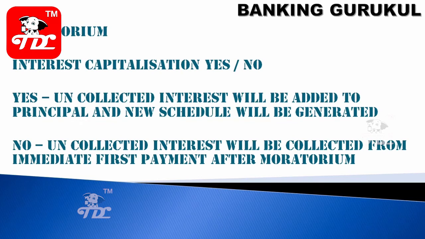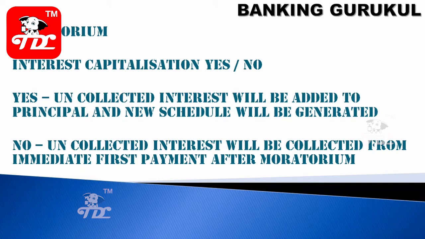And now it is a moratorium. Moratorium can be requested by the customer or moratorium can be given by the bank, depending on the situation. For interest during the moratorium, you have two options: whether you want to go for interest capitalization, yes or no. If it is yes, the uncollected interest will be added to the principal and a new schedule will be generated. During moratorium you have an old schedule for the 10 years.